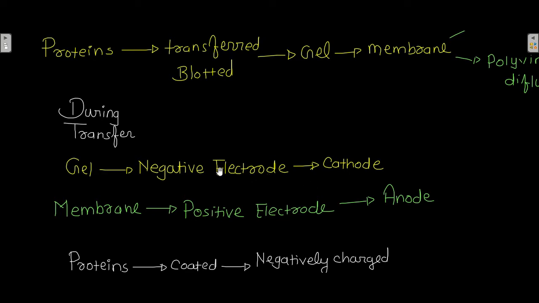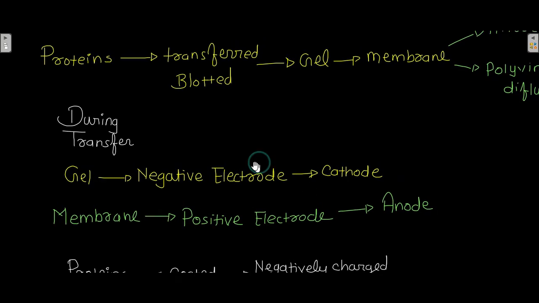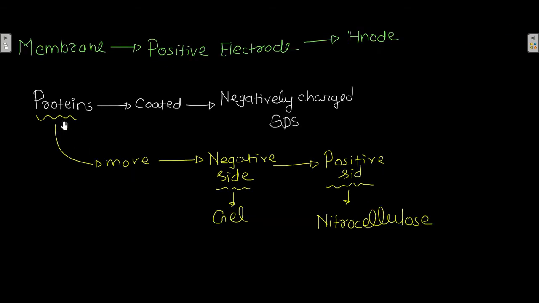During the blotting of proteins from the gel to the membrane, at the cathode you have the gel and at the anode you have the membrane. Proteins which are coated with negatively charged SDS move from the negative side to the positive side, that is, from the gel to the nitrocellulose membrane.